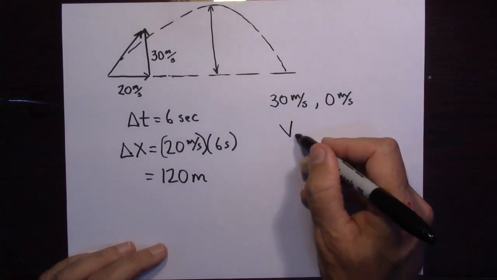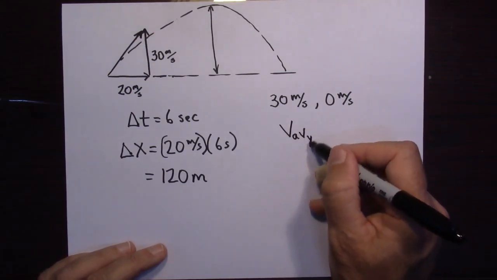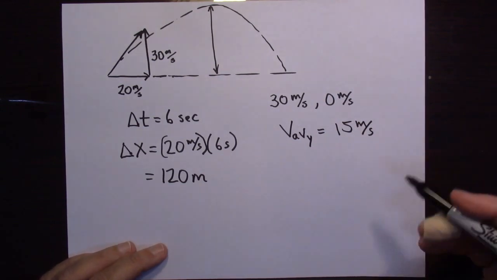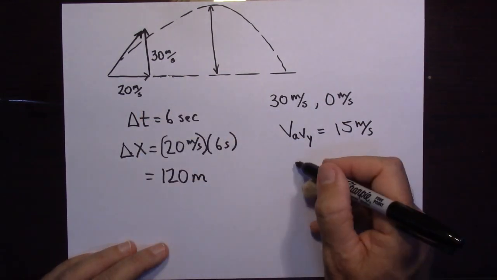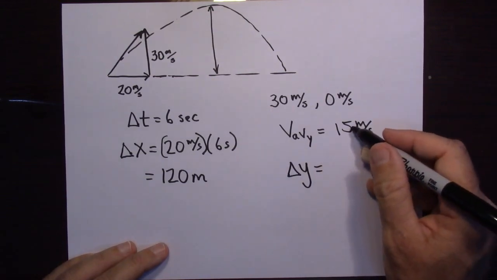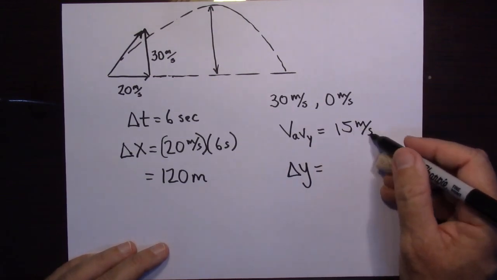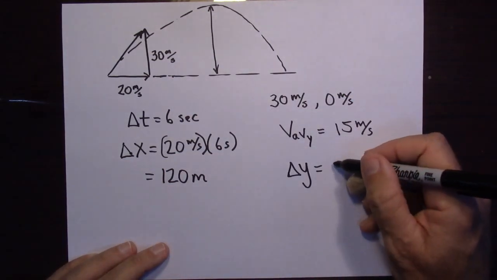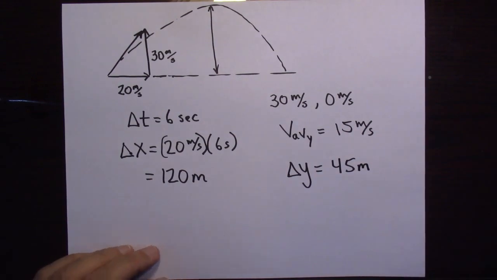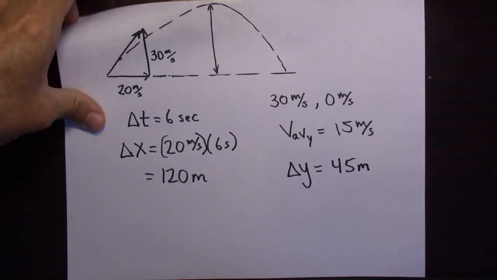So your average velocity in the y direction is 15 meters per second, and that's happening for 3 seconds. So your delta y, your maximum height, is going to be, if you go up 15 meters per second on average for 3 seconds, 45 meters up in the air. All right, let's do another one.